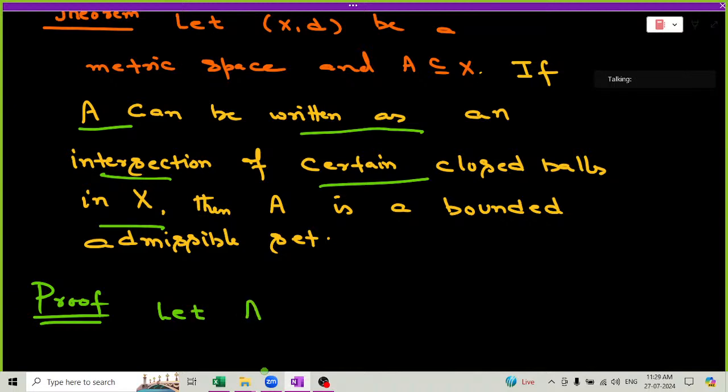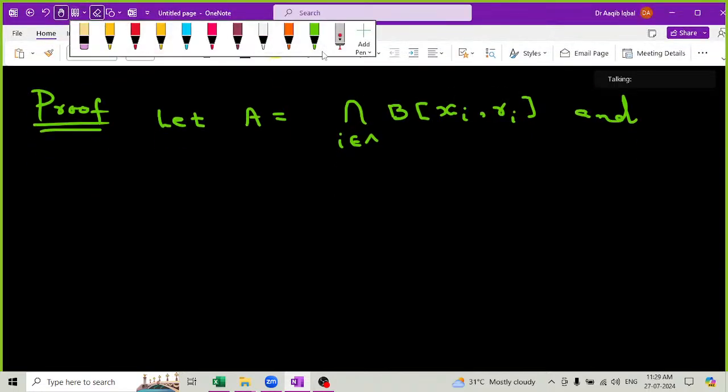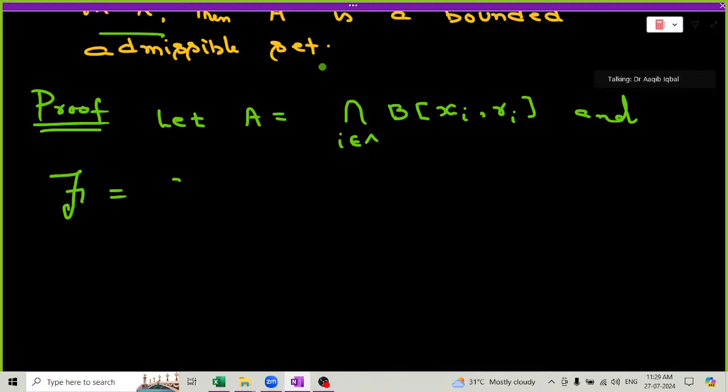Let A be equal to the intersection over i in capital lambda of B(x_i, r_i), and let fancy F be equal to the collection of these balls which you see in this intersection. जो intersection में ये जो balls आप देख रहे हैं, इन्हीं की collection हम ले रहे हैं, and the collection is denoted by fancy F. The fancy F is going to be B(x_i, r_i), i varies over capital lambda, full stop.